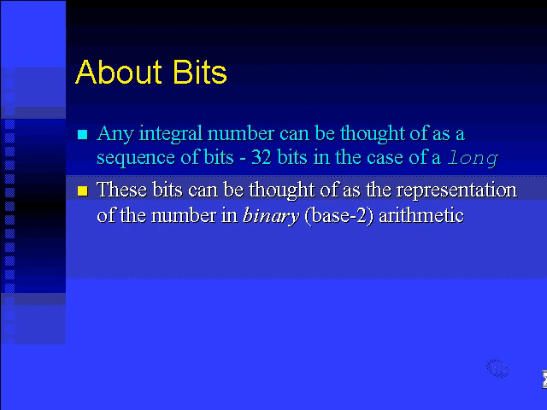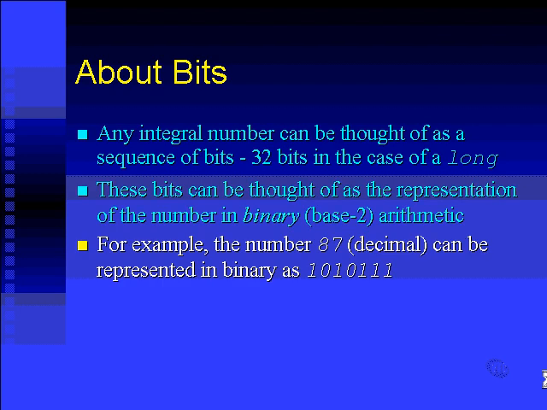Now, I'm not going to explain binary arithmetic to you, so if you don't know, now might be a good time to go and look it up somewhere. Anyway, I'll give you a brief example. The number 87, in other words 87 in decimal or base 10 arithmetic, can be represented in base 2 arithmetic as 1010111.